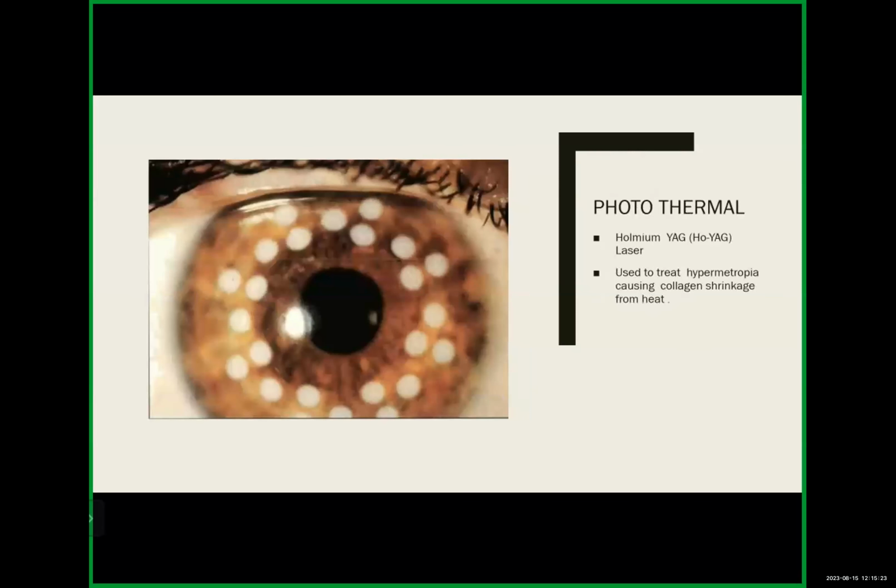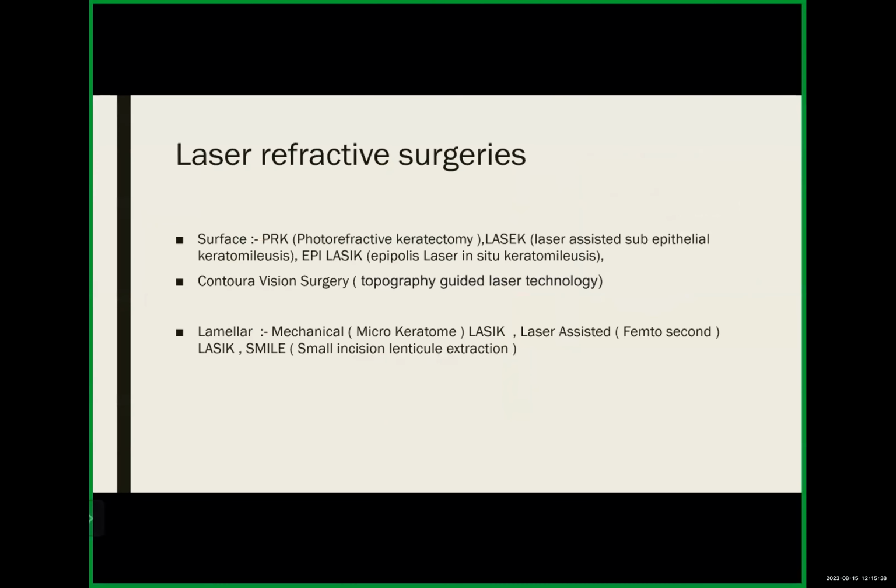The holmium YAG laser is used in the photothermal technique, in hypermetropia, causing collagen shrinkage from heat.